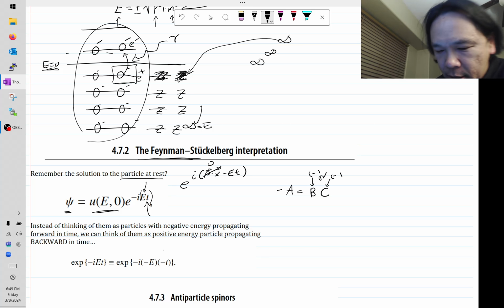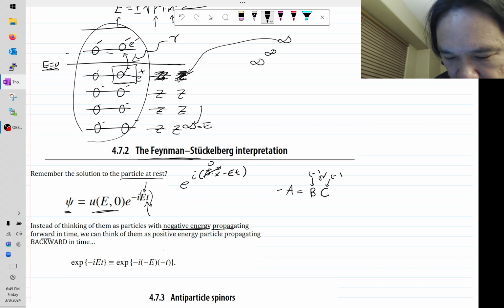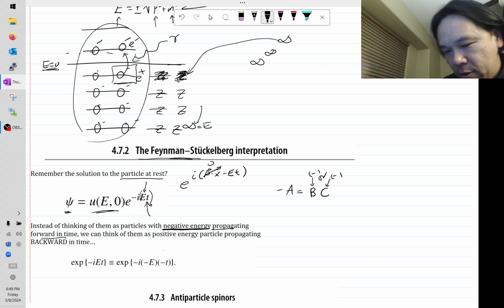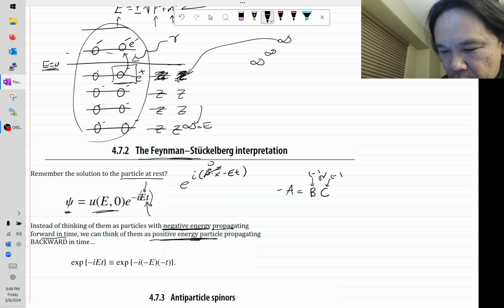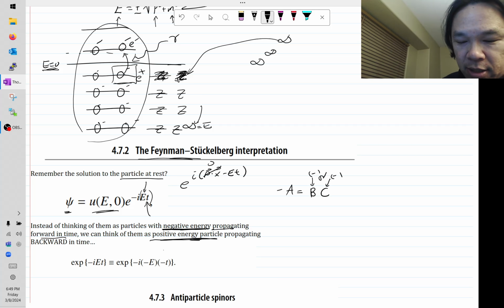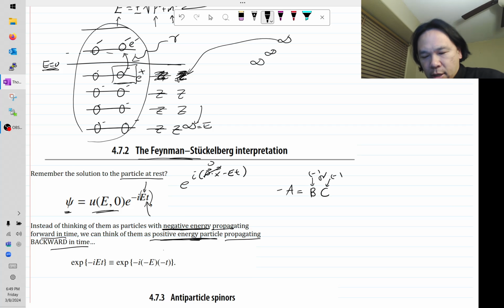Instead of thinking about this as a negative energy solution propagating forward in time, where time is just the normal time, you can think of the solution as a positive energy solution, but you have to flip the sign on the time. It's as if they're propagating backward in time.